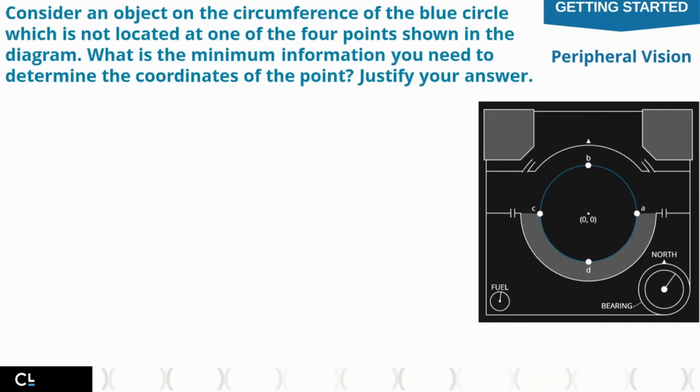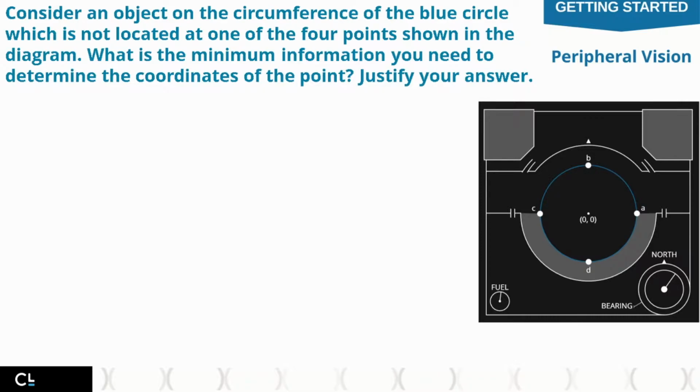Now, our next part says, consider an object on the circumference of the blue circle, which is not located at one of the 4 points shown in the diagram.